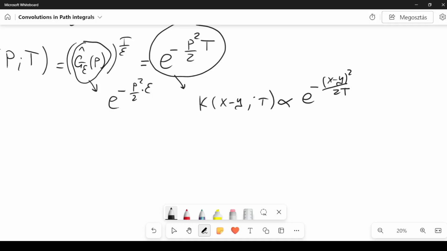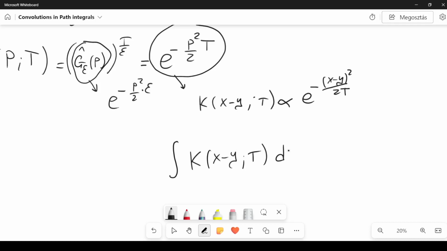Now, there is actually a way to derive also the proportionality factor here. How do we derive that? Well, we can impose the normalization condition of k, so in particular k of x minus y, t can be thought of as the probability to find a particle evolving from the point x to the point y.